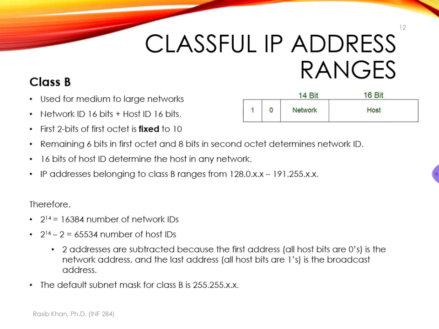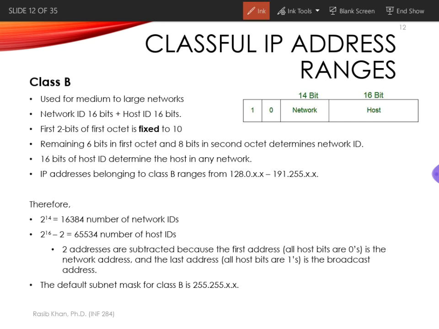So similar reasoning can be applied to Class B addresses, and here we have the first 2 bits fixed to 1 and 0. And we know that the first 2 octets are used for the network addresses.